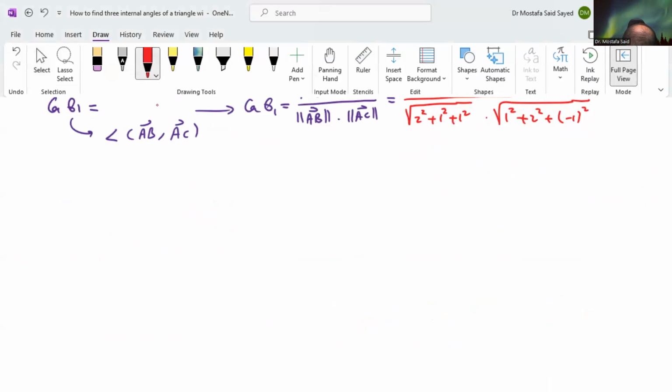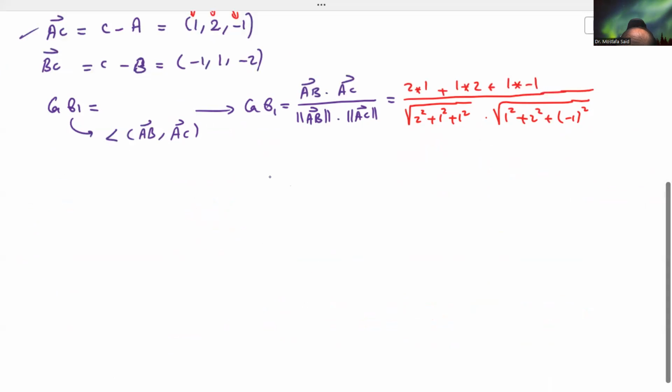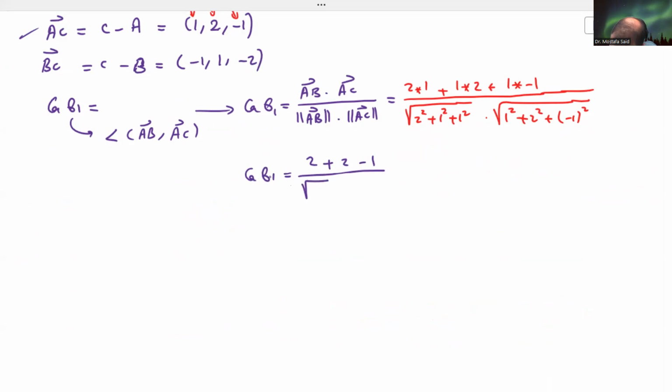So cosine theta 1 is equal to 2 plus 2 minus 1. And this will be square root of 6, and this will be the square root of 6 again, which is good. Now that will be 6, and that will be 3.